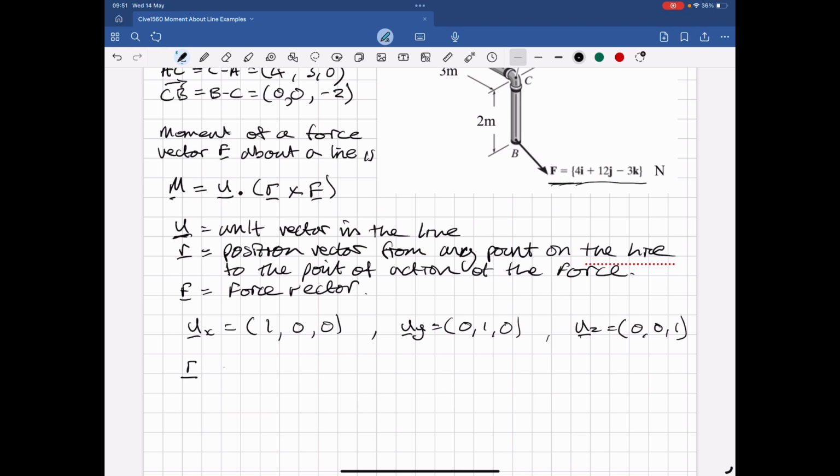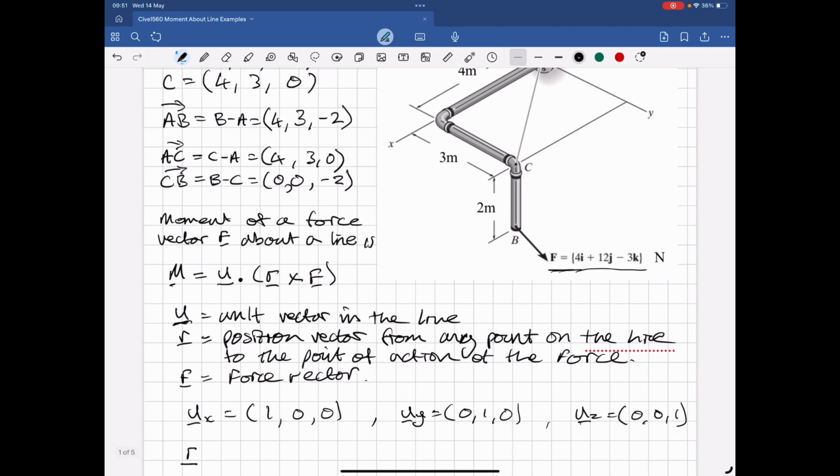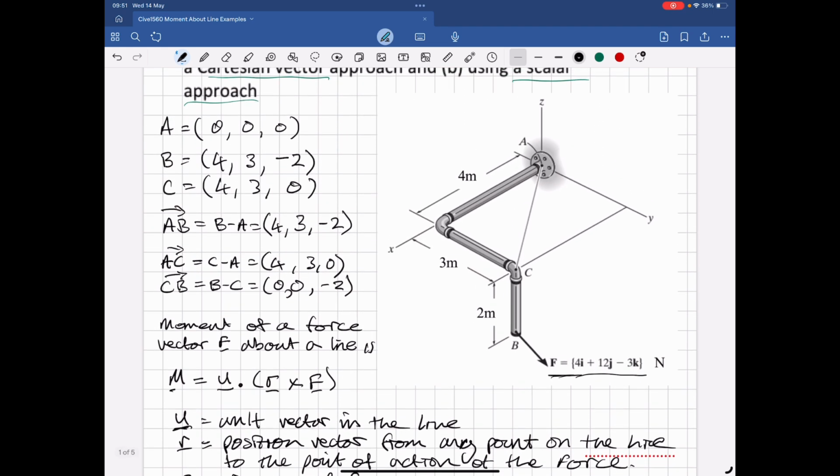So R, what is R going to be? Let's look at the geometry again. We need a vector that goes from the line to the force. So it could be any vector from the x direction, say. And so that last one I've drawn has come from point A. It turns out point A is on all three x, y and z axes. So we're going to use point A for each of the three calculations.